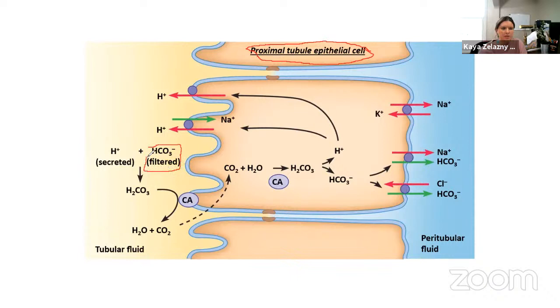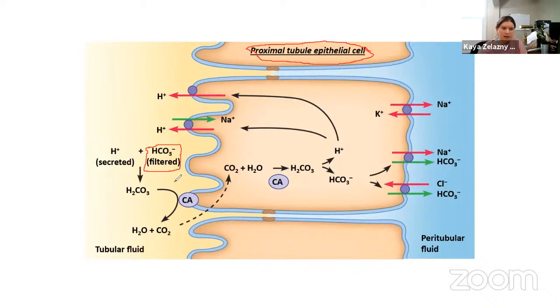So we filtered bicarbonate ions that were in the blood, in the plasma, into the tubular fluid. We want to reabsorb those bicarbonate ions, right? We want to keep 80 to 90% of them. That's part of the job of the proximal tubule.